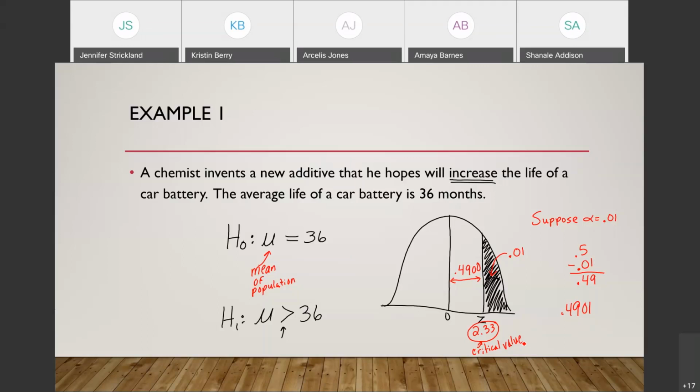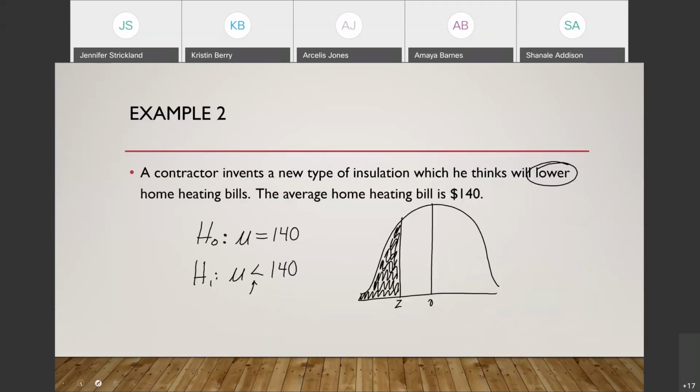All right, so let's look at example 2. Do the same thing. All right, so let's say on this one that the book or Connect Math tells you to use 0.10 as your alpha value. So again, that's the area of the shaded part.